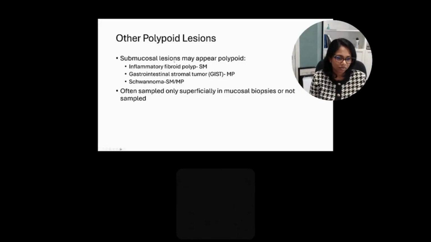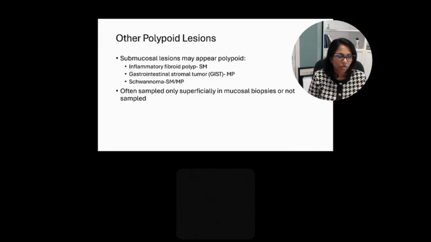That is not represented because often we only get the mucosal biopsies, and it's important to be cognizant of the location of mesenchymal tumors in general. For example, inflammatory fibroid polyps are usually in the submucosa. If you're lucky, they sometimes leap into the lamina propria and you might see it, or the biopsy may include the superficial submucosa and you start seeing them.